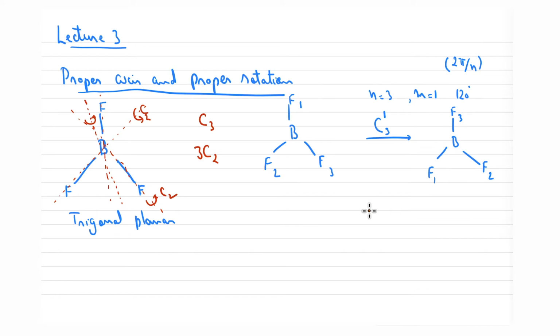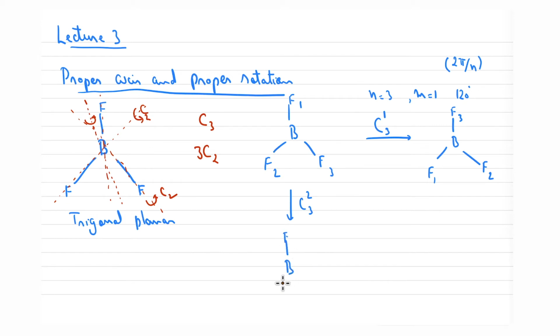Now let's say similarly if we do C3 operation twice, what do we get? So instead of 120-degree rotation, we have to do now a 240-degree rotation because 120 is C3^1. So C3^2 will be 240-degree rotation. So what do we get?